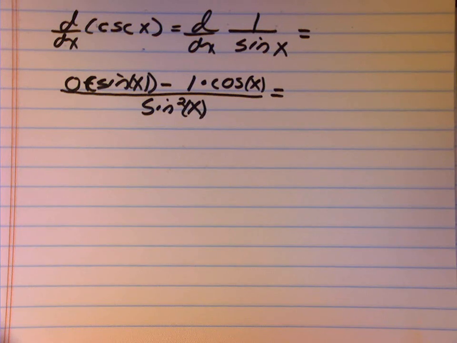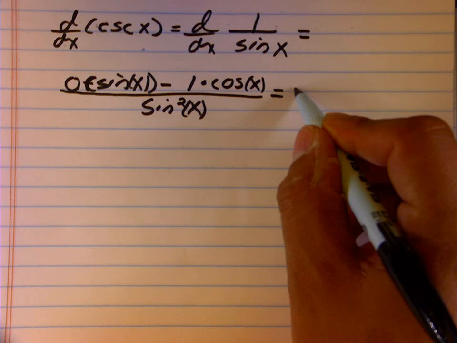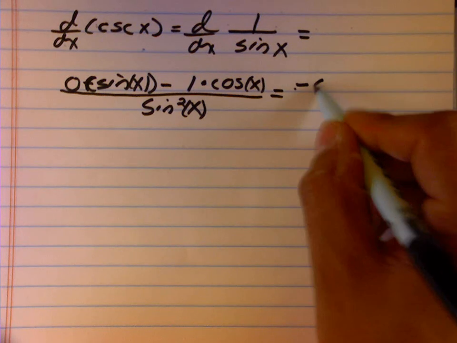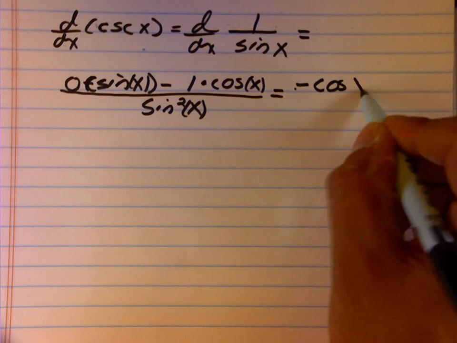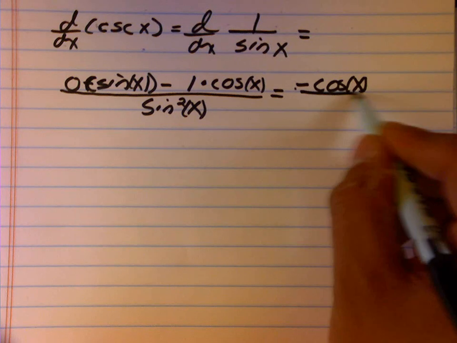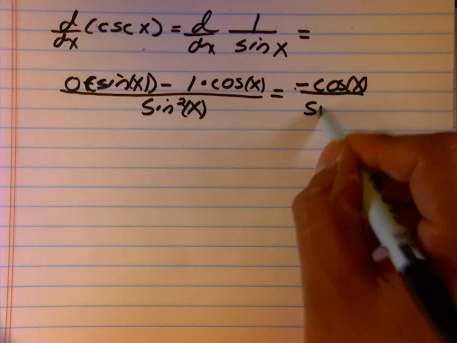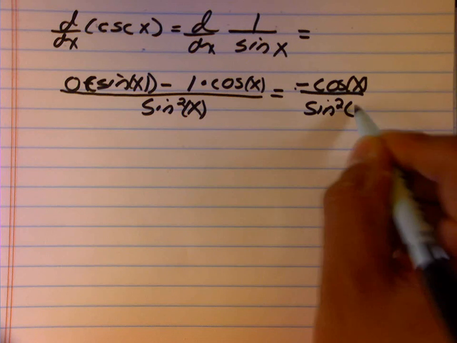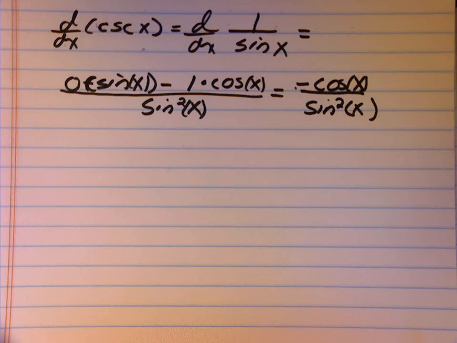I will now simplify this. The top becomes negative cosine of x over sine squared of x. So far, so good?